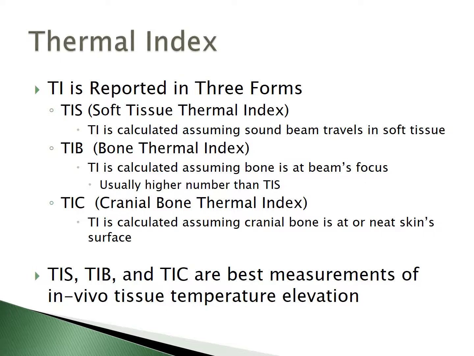The most accurate thermal index monitoring is at the cranial bone, and that is because it's very near the skin surface, and again is in that interface of skin and bone where we're going to see most of that heating occur. All three versions are the best measurements for in vivo tissue temperature elevation.